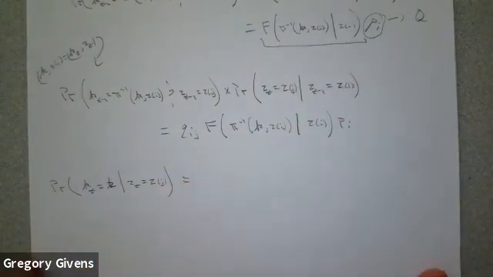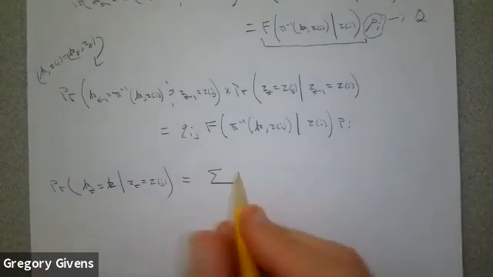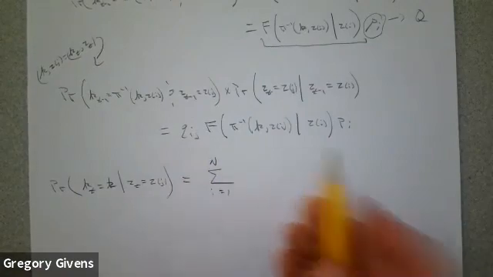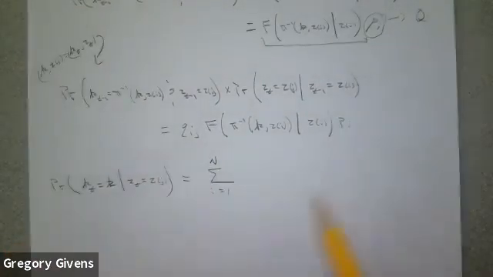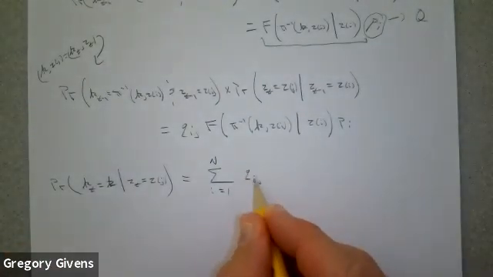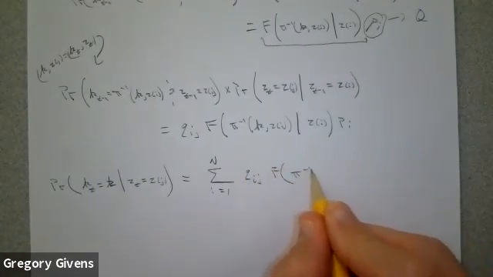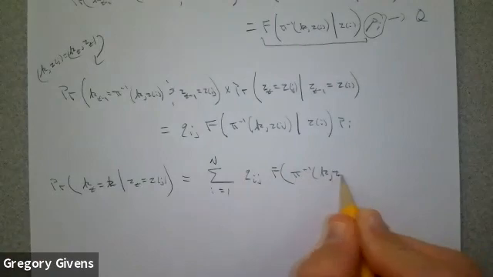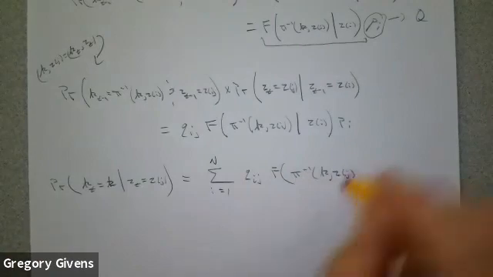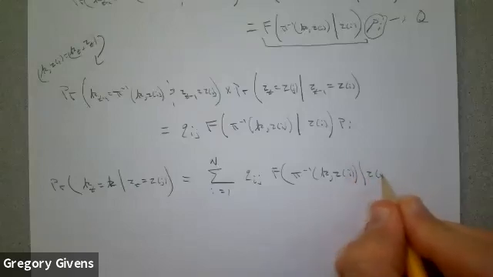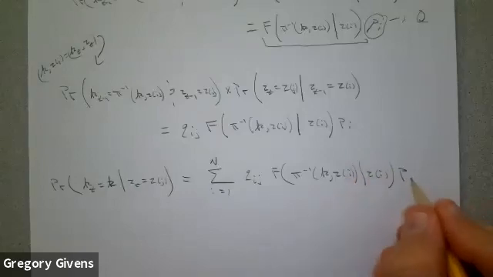Well, to find that, you simply sum over all possible values of i what we just found in the last step: qij, f of pi inverse k zi given zi times pi.